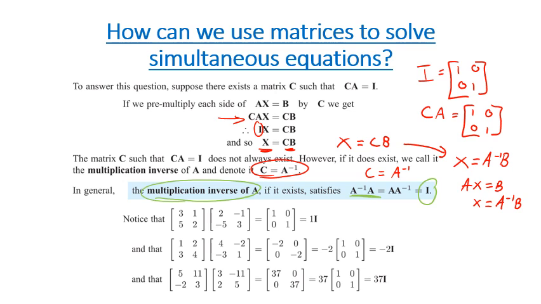That's really important to understand, because if we go back up to the top, we've got CA equals I, and we've just worked out that C is the same as A to the negative 1, or the inverse of A. Therefore, the inverse of A multiplied by A gives us I, which is basically repeating this down here.